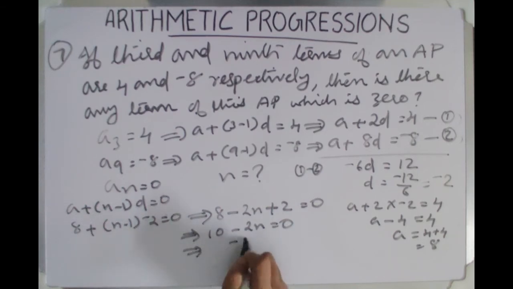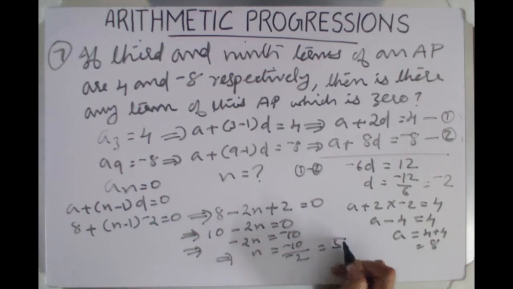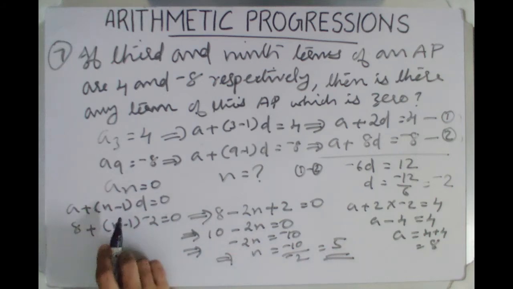That implies minus 2n equals minus 10. That implies n equals minus 10 by minus 2, that is 5. That is, n equals 5. So, the fifth term of the AP is 0.